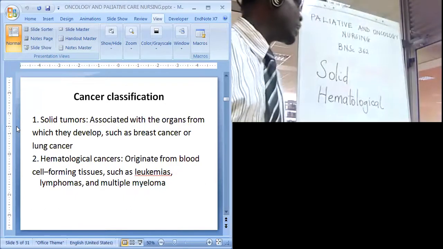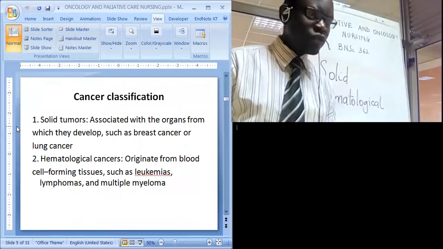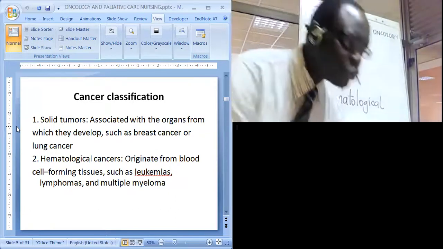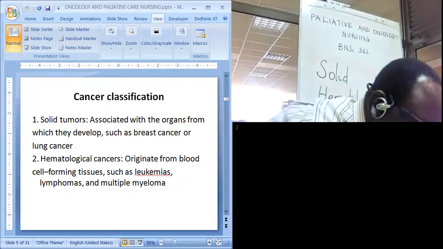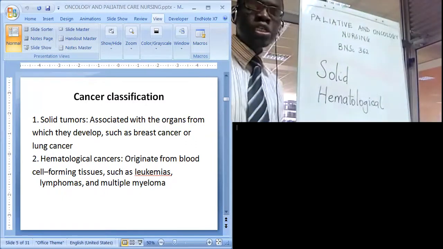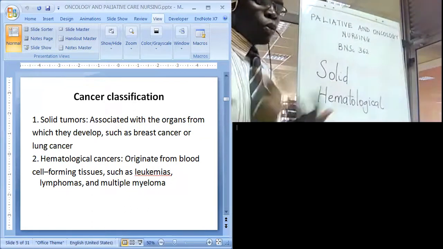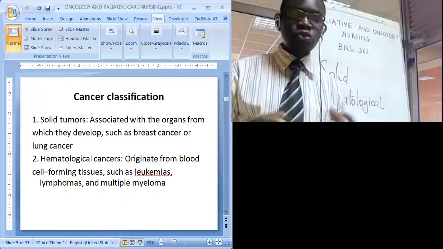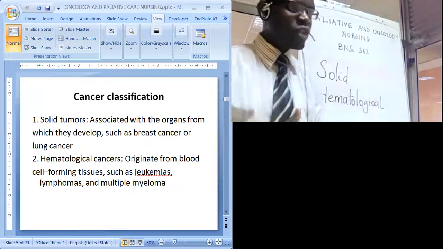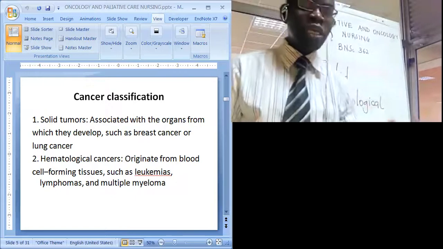You feel a solid, and as a result, those are referred to as solid tumors or solid cancers. We have hematological cancers. These come from blood and originate from blood cell-forming tissues, for example the leukemias and lymphomas.